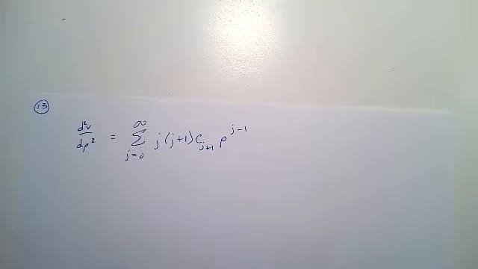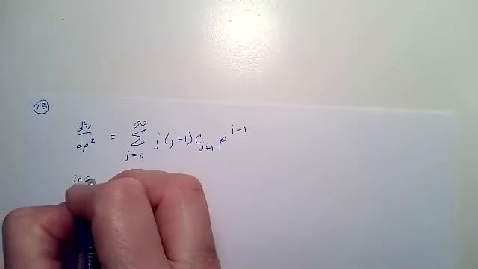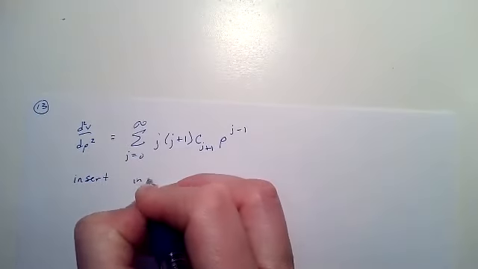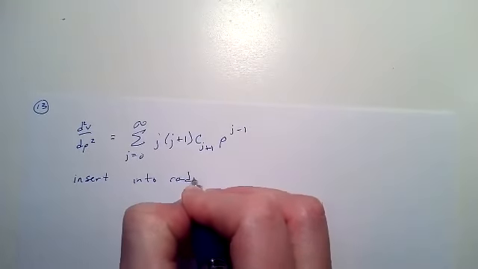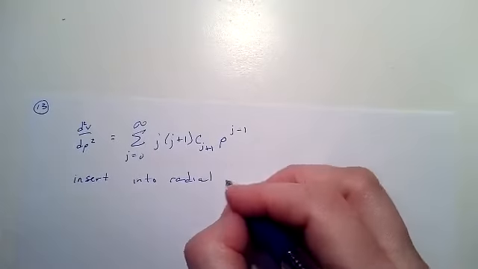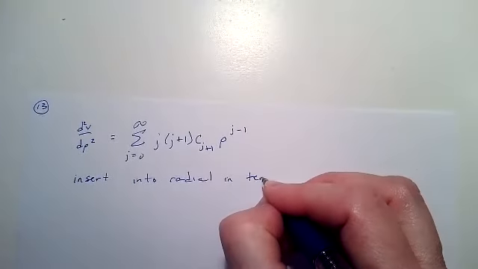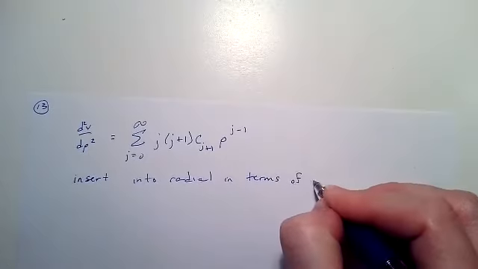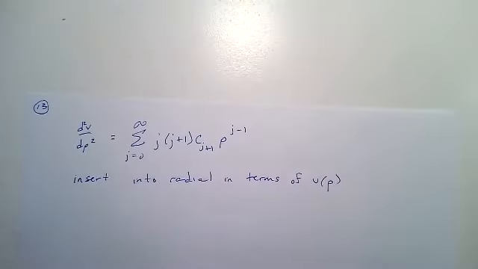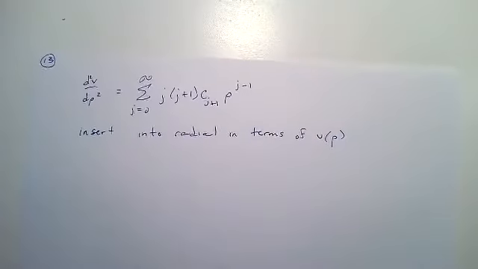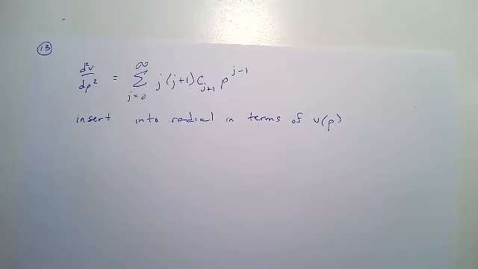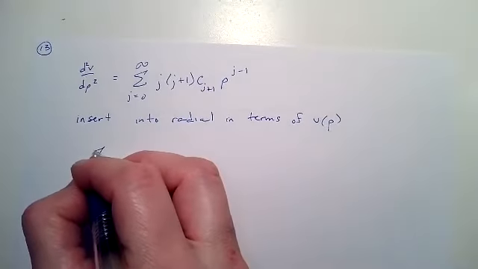And we've got rho to the j minus 1. So we're going to insert this into the radial equation, the radial equation that we had in terms of v as a function of rho. And we get something in the radial equation that looks like this.